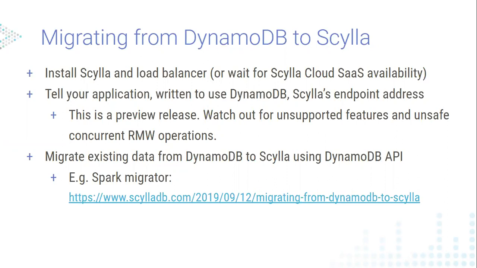Or if you wait, you will also have this as software as a service eventually on the Scylla Cloud. And you should tell your application, instead of using some sort of AWS region, to use the IP address of this load balancer.